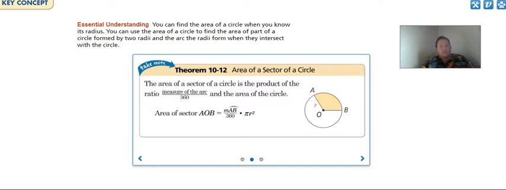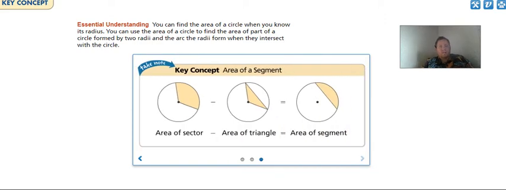So remember, to find the length of the arc, it was the measure of the arc over 360 times circumference. So the only difference is we multiply it by area this time to find the area of that sector.